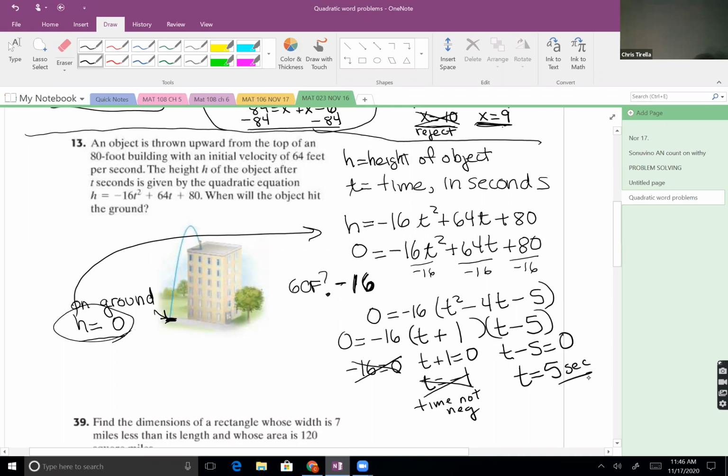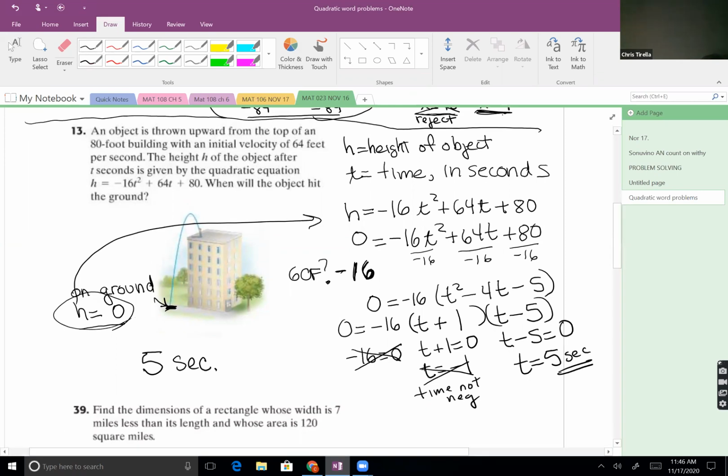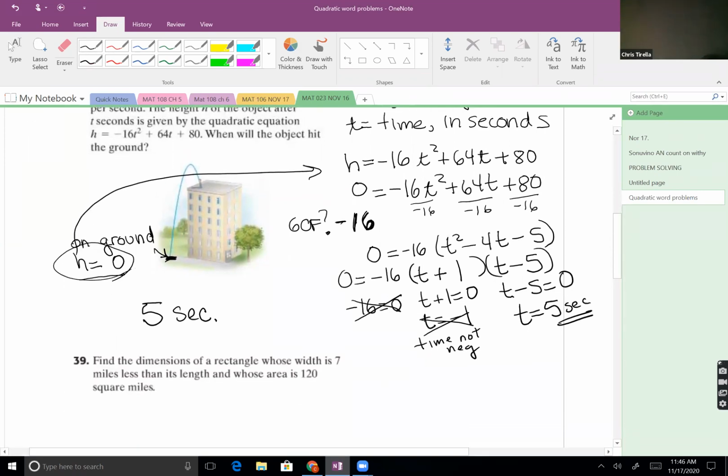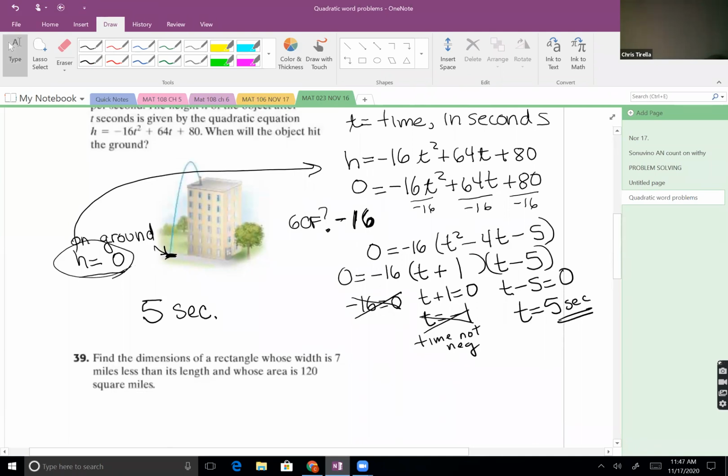And so that better be my answer, that it takes 5 seconds to reach the ground. Does anybody want to climb on top of an 80-foot tall building and time throwing something in the air and see if that 5 second works?